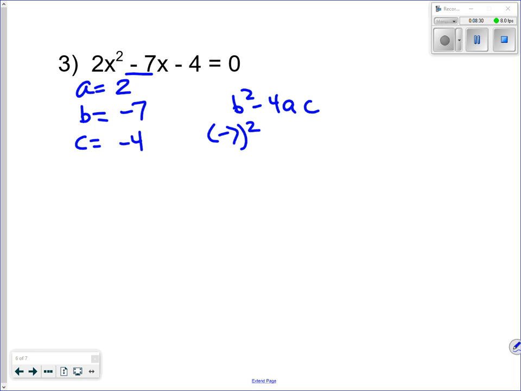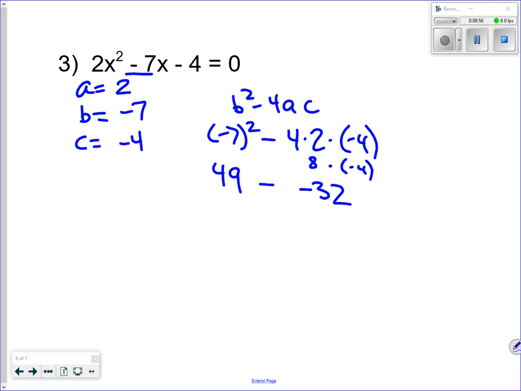Parentheses, negative 7 squared. Minus 4 times a number, 2. c number, negative 4. Negative 7 times negative 7, 49. Minus 4 times 2 is 8. 8 times negative 4 is negative 32.